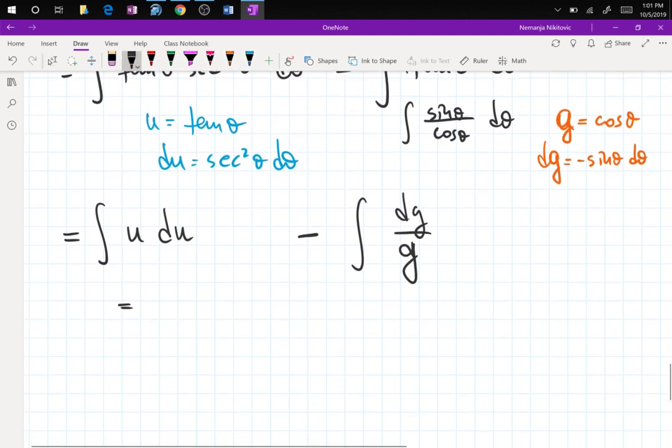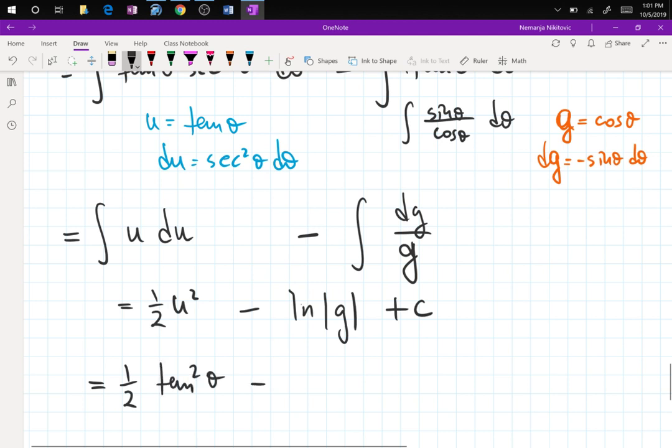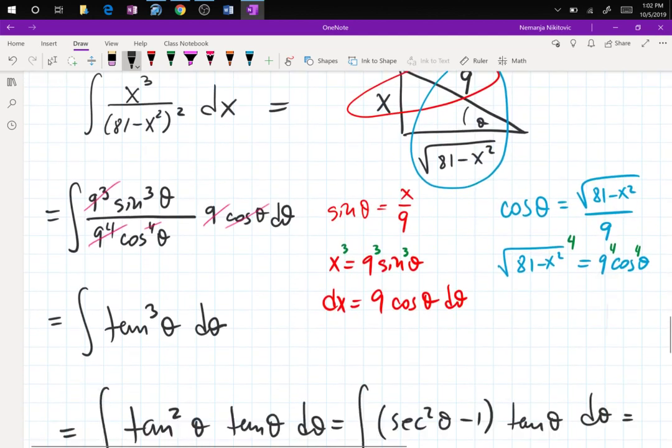The first integral is 1/2 u squared minus the second integral, which is ln of g plus c, and now we bring back our trig, so this is 1/2 tangent squared theta minus the ln of the absolute value of cosine theta, plus c. We are not done, because we have to go back to x. So time to read the tangent off the picture, and tangent is x over the square root.